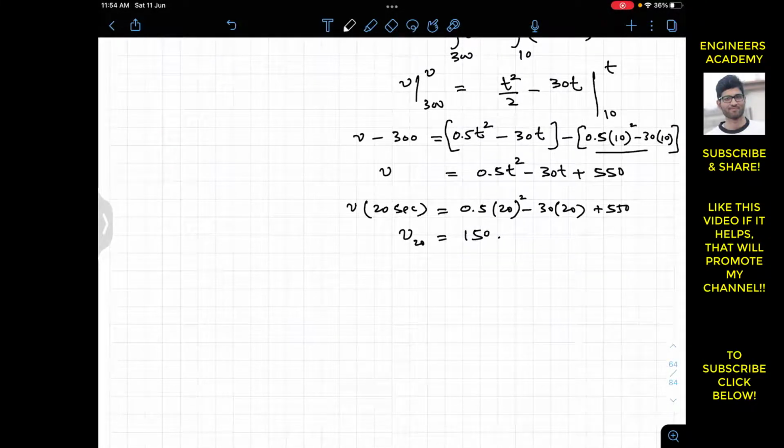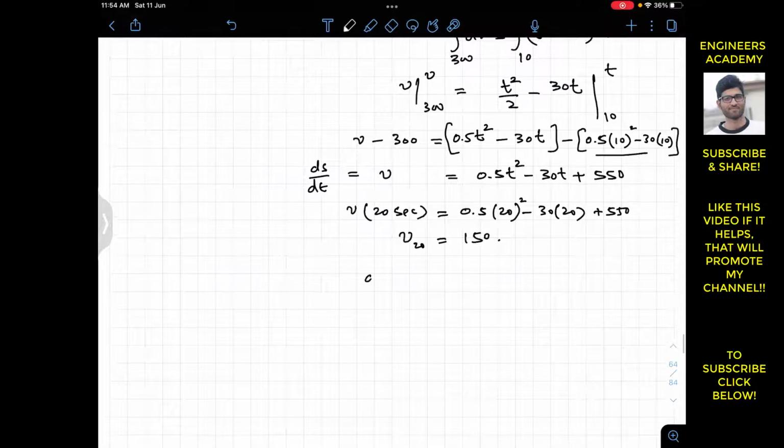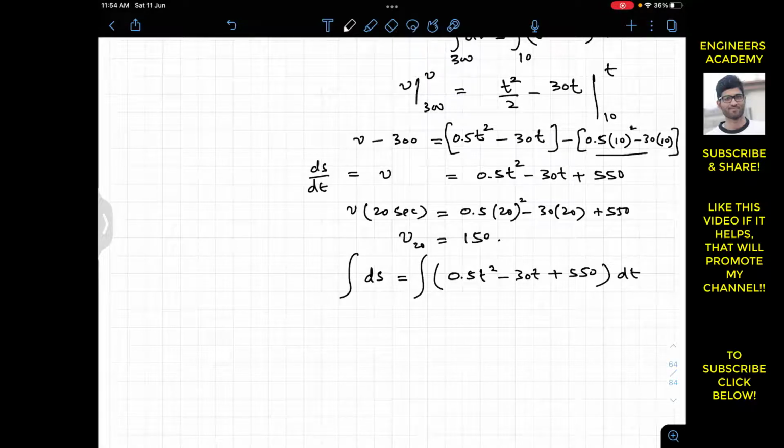Similarly, to find s of t, we need to write ds by dt. So this is also equal to ds by dt, and if we multiply both sides of the equation by dt, we will have ds equals 0.5t² minus 30t plus 550 into dt. And again we need to integrate this.